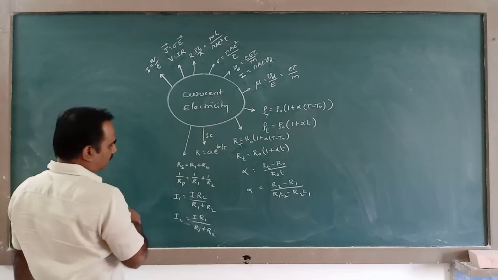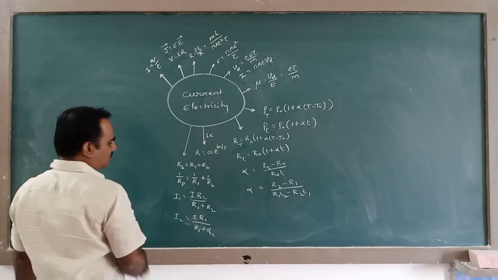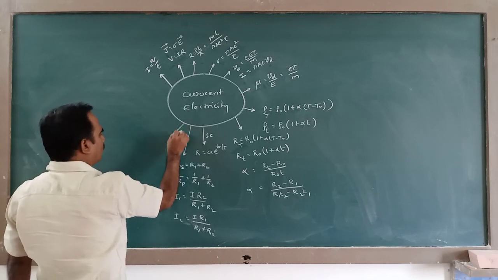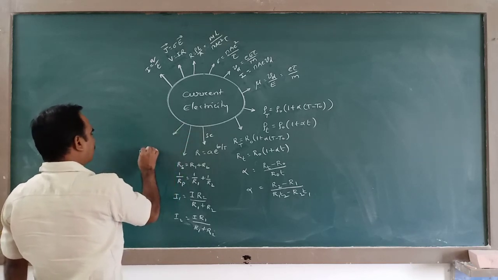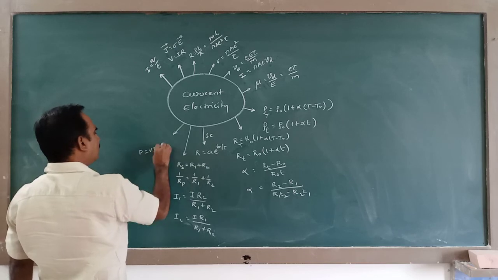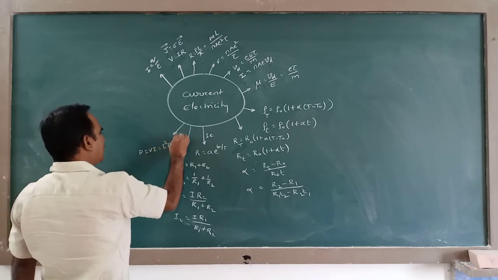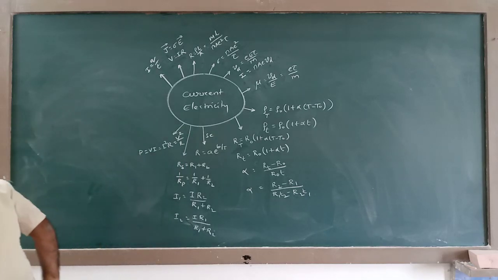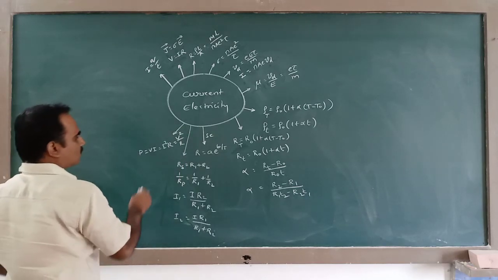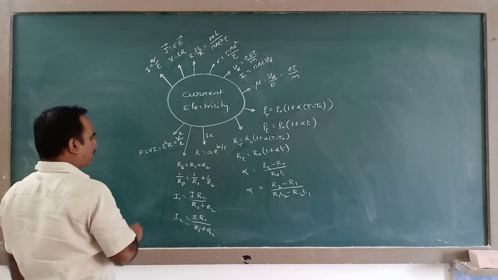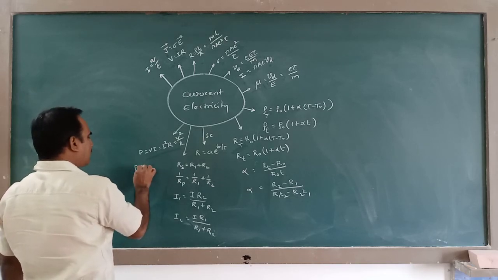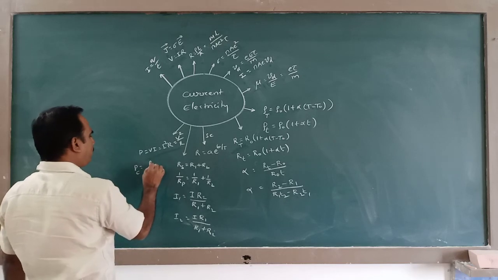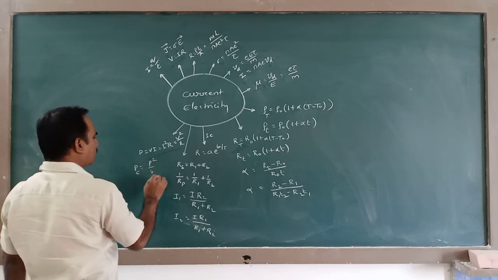So after this series and parallel resistances, you obtained the equation for power: VI, which is equal to I square R, which is equal to V square by R. So you derived the expression for power and also power dissipated in transmission cables.